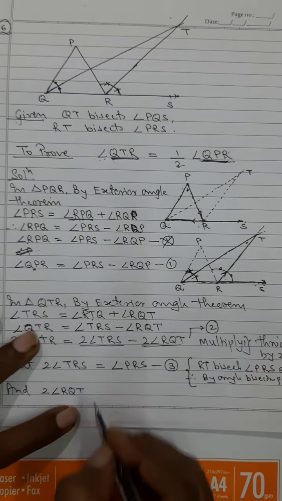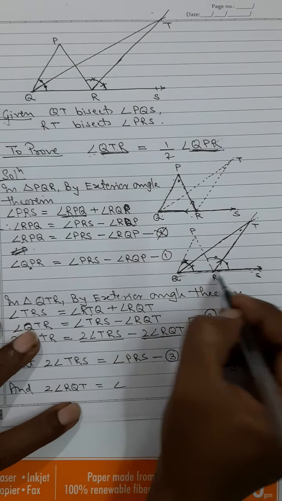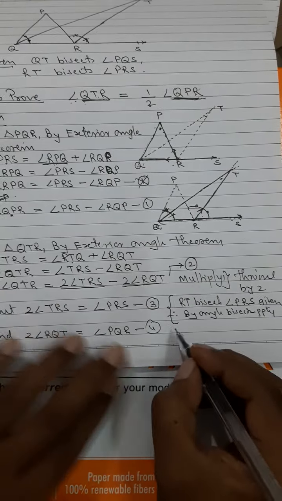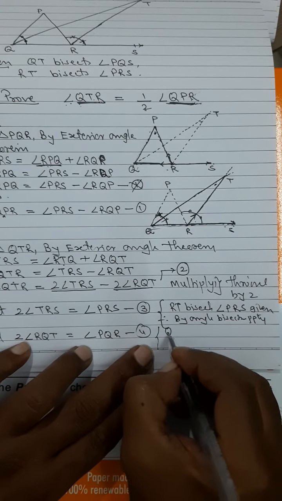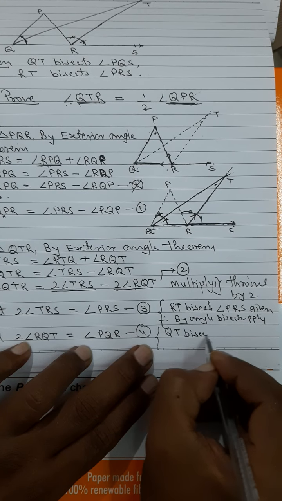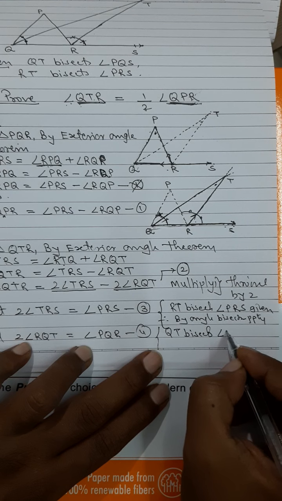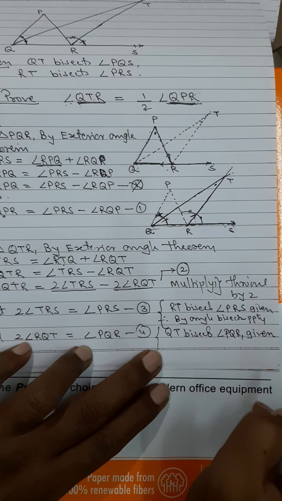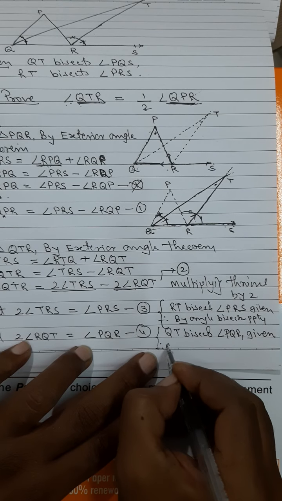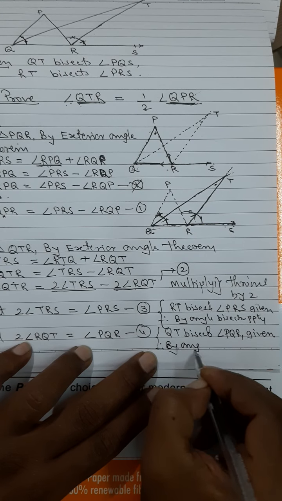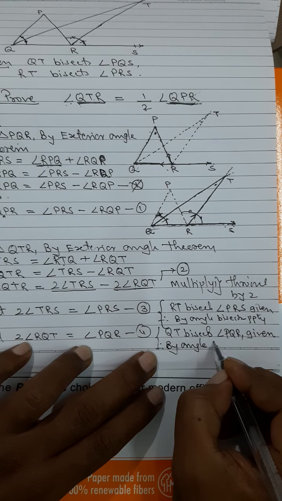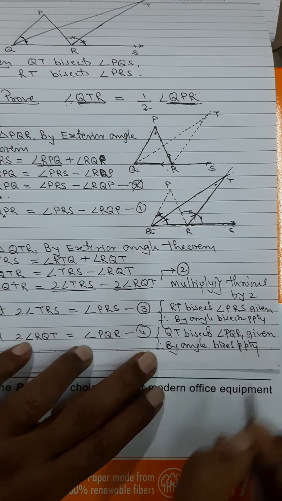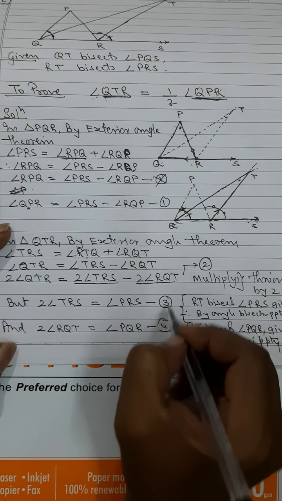QT bisects angle PQR. This is given. Therefore, again by the angle bisector property, double of angle RQT is angle PQR. This will be equation 4.